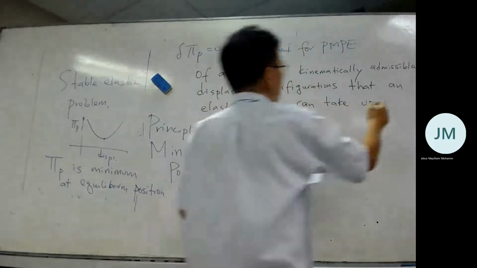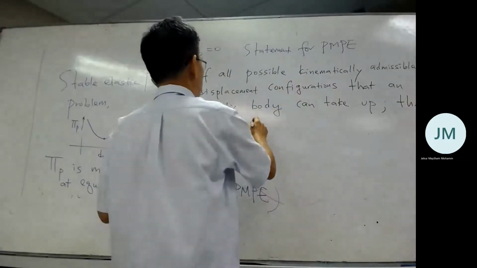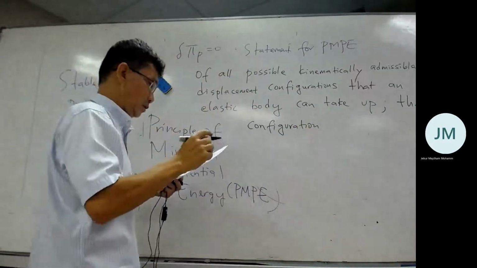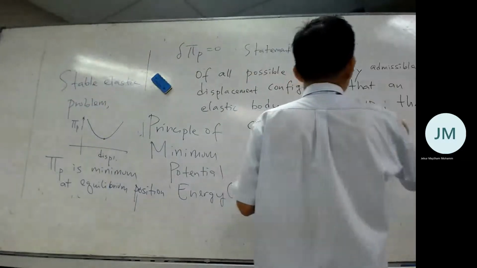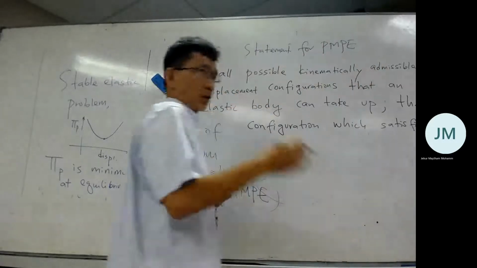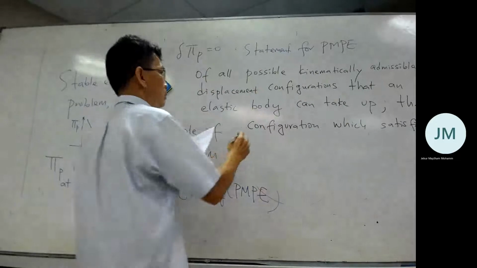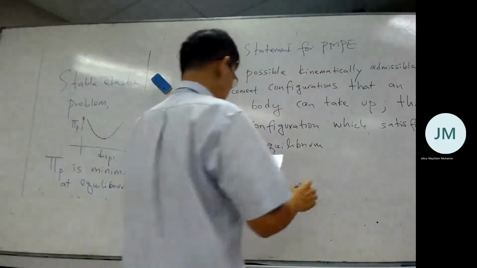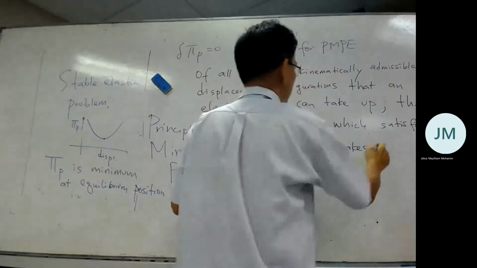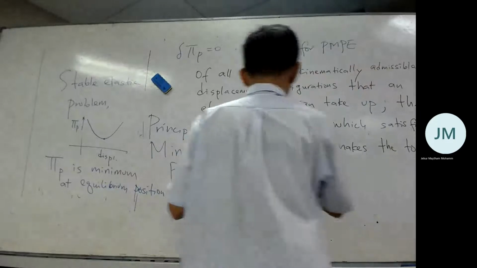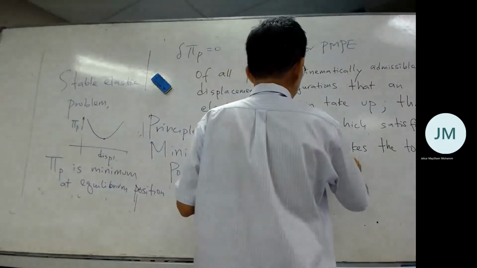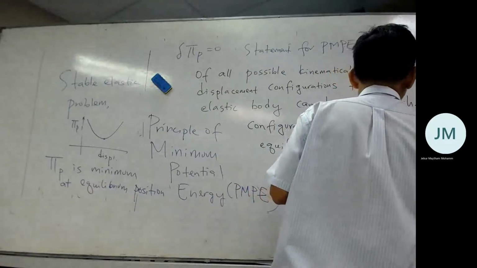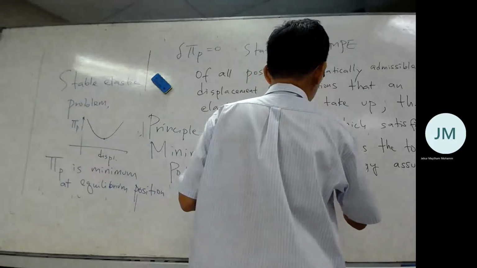And out of these so many possibilities, the configuration that is going to satisfy equilibrium, not all satisfy equilibrium, they are possible only, so the configuration which satisfies equilibrium makes the total potential energy assume a minimum value.